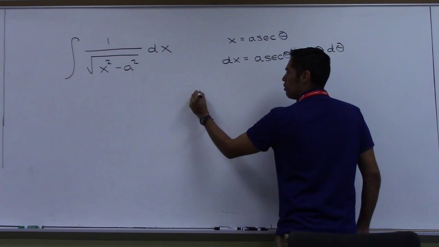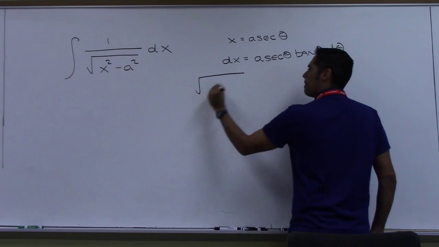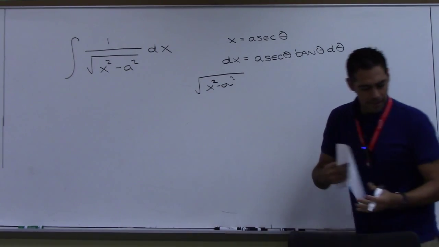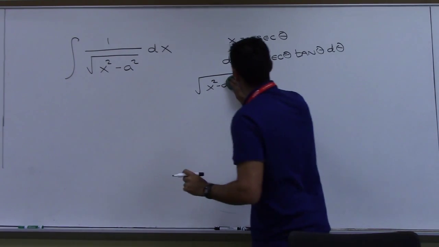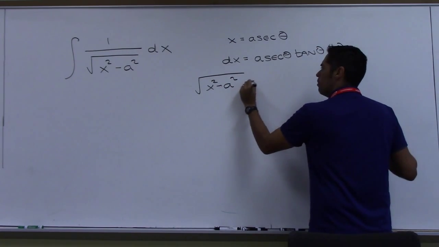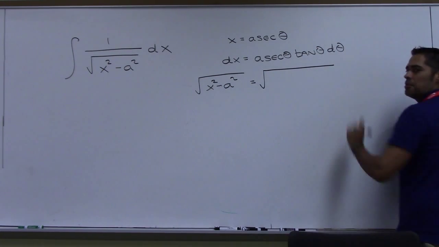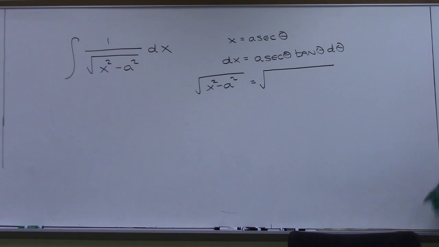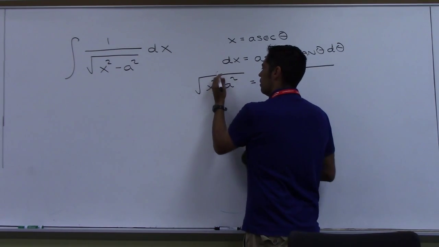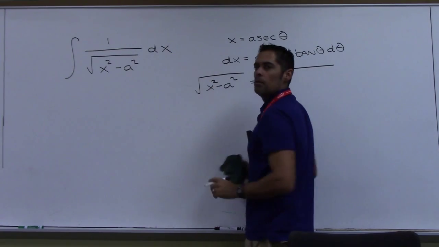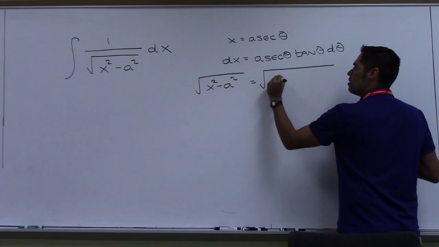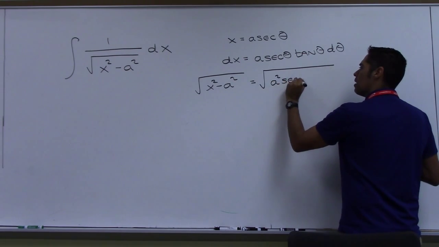And then the root part, right? X squared minus a squared, which for us turns out to be a secant theta squared. Okay, is it all right if I write it a squared secant squared theta?